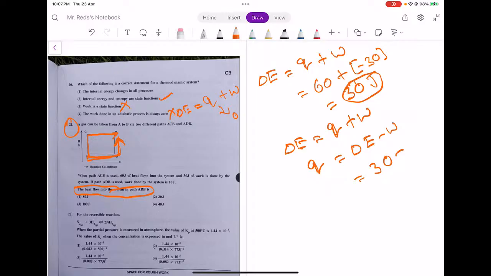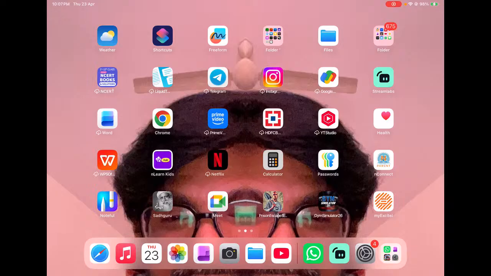Work done by the system is 10, but this will be with the negative sign. Why? Because work done by the system is 10, so 30 plus 10 is equal to 40. This is the heat.